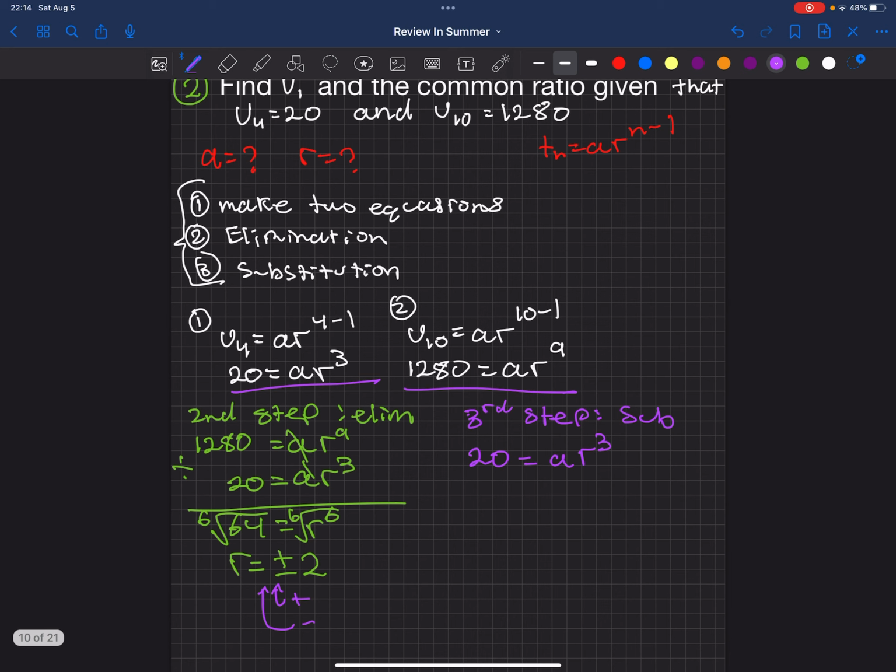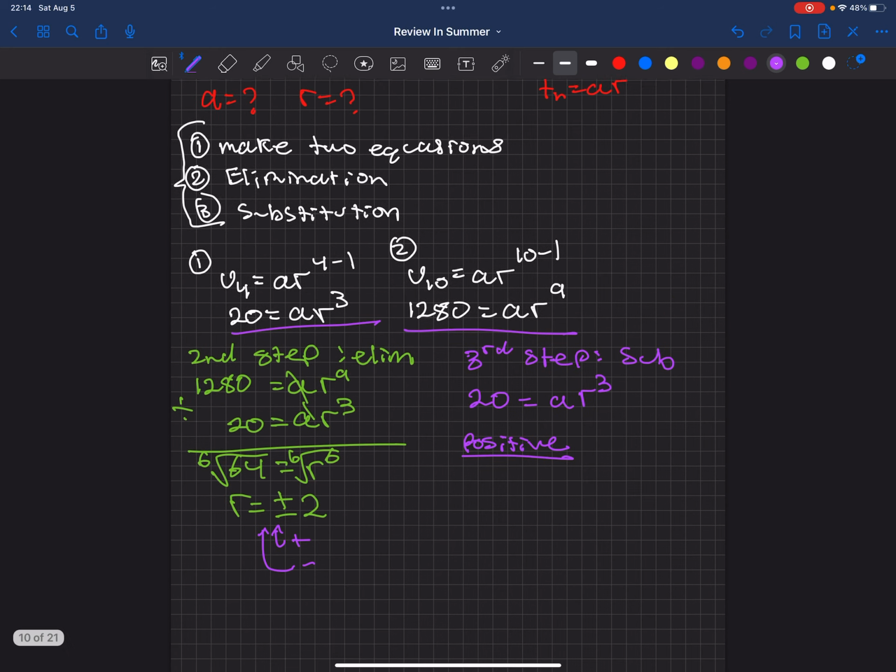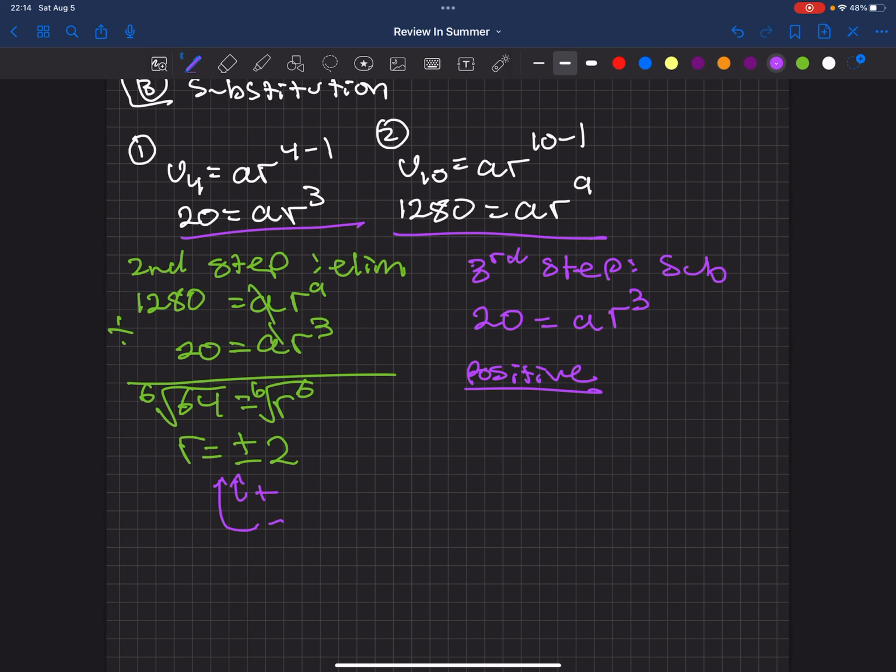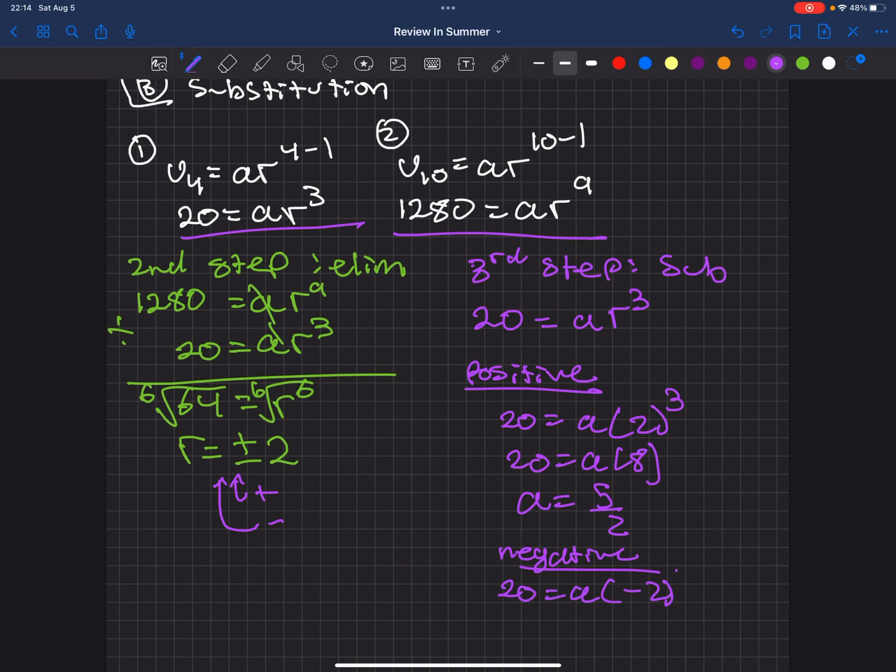So the first possibility is positive, so it's going to be 20 is equal to a times 2 to the power of 3. We get 20 is equal to a times 8, and then a is equal to 5 over 2. Now the negative possibility is going to be 20 is equal to a times negative 2 to the power of 3.